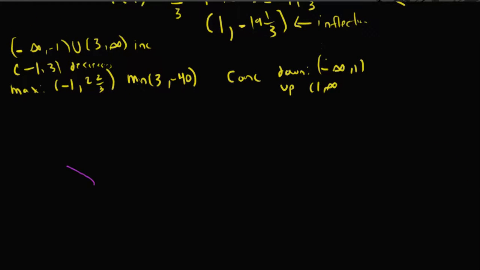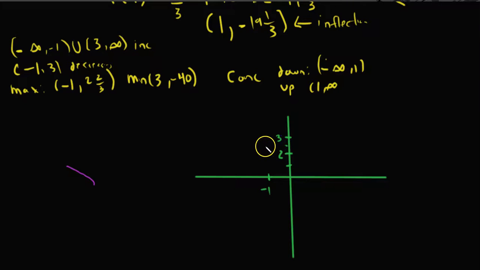Alright, so let's change color for nice purposes. Draw a straight line here, straight line here. So what we can do first is we know that our maximum point is at negative 1. We'll call this negative 1. We'll call this 2 and 2/3.